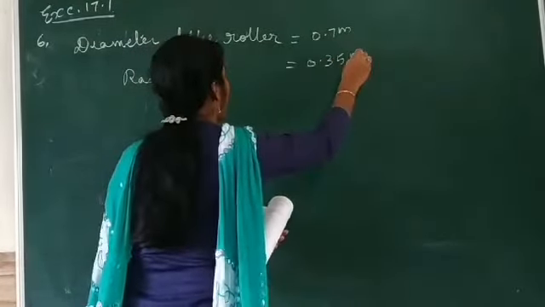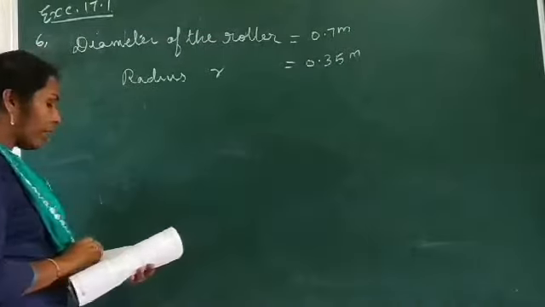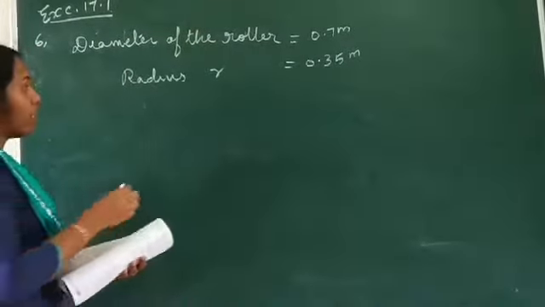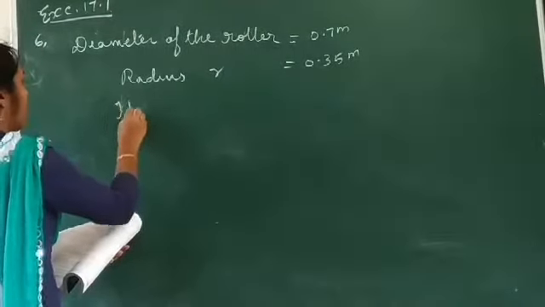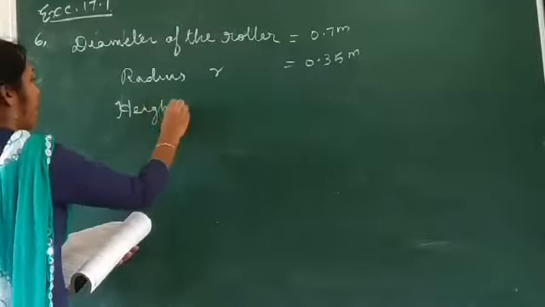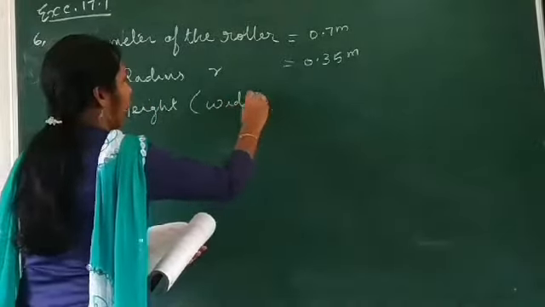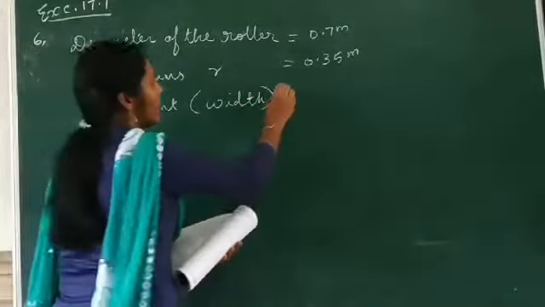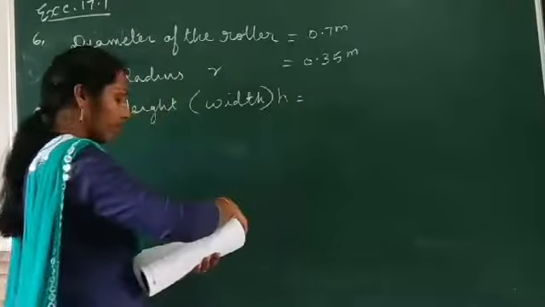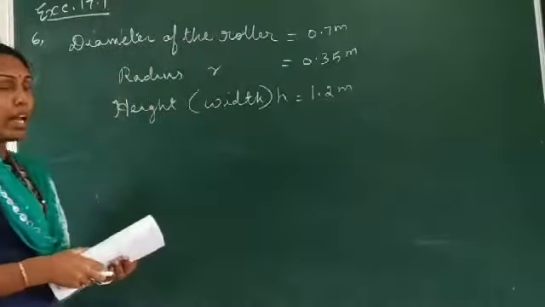Dividing 0.7 by 2, we get 0.35 meter. And here the width of the road roller is given. That means we can take the height. So height, in bracket we can write width, but we take it as the height of the cylinder here. Height h is equal to 1.2 meter.